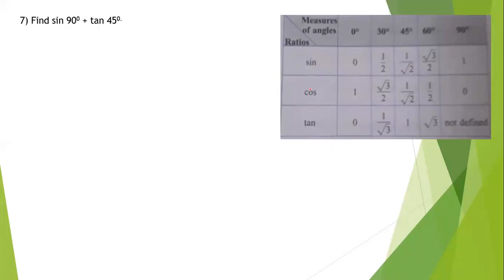Here we have sine, cos, tan. And here we have the measures of angles as 0 degree, 30 degree, 45 degree, 60 degree, 90 degree. Okay. So how we are going to remember this table? So first draw the columns and row, and then put the heading.